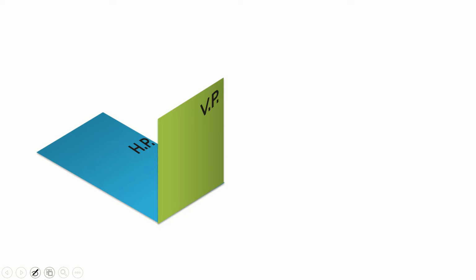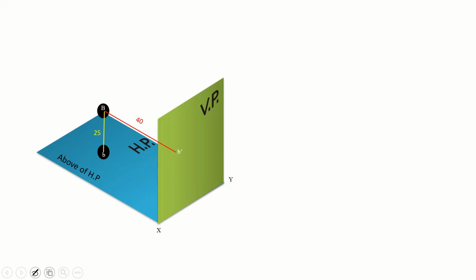Now we have a point in the second quadrant. This is the point B, which is 25 mm above HP and 40 mm behind VP. Above HP and behind VP.